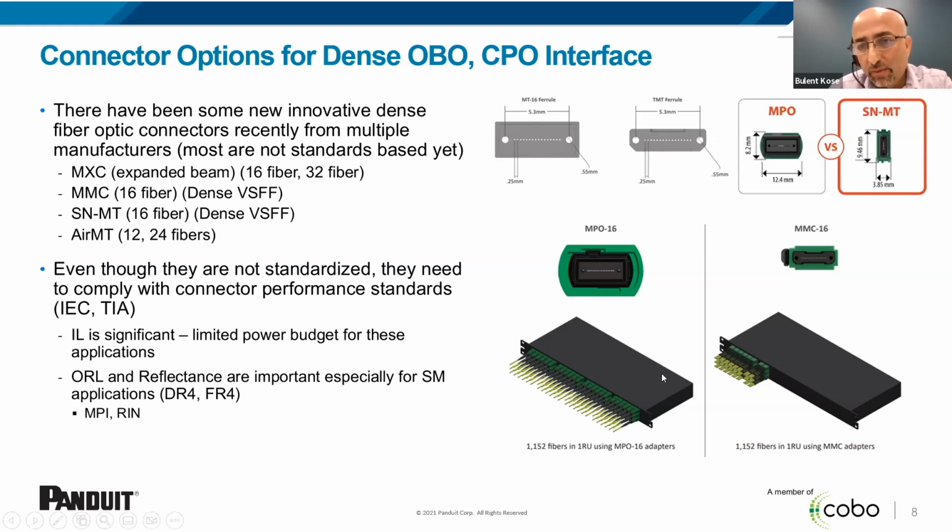Again, on the right in the pictures, I show examples from two major vendors that have been very active on these, the MMC and SN-MT connectors from US Conec and Senko. And you can tell it's almost 1/3 of the actual faceplate size that you would need with these very high speed, very high density connectors. The pictures on the bottom show how many connectors you could put on a 1 RU unit with 1,152 fibers.